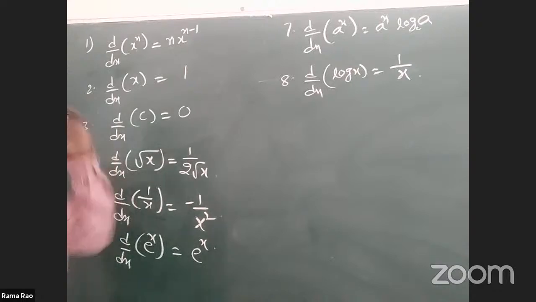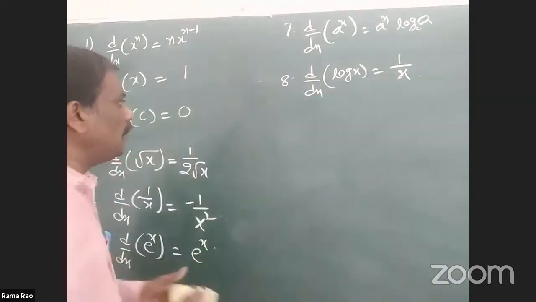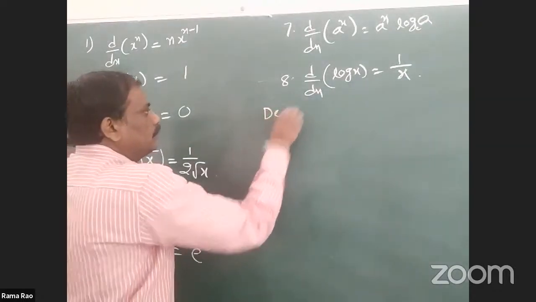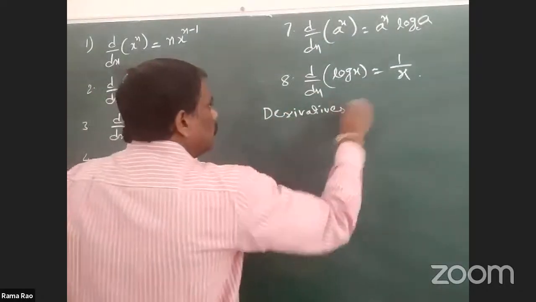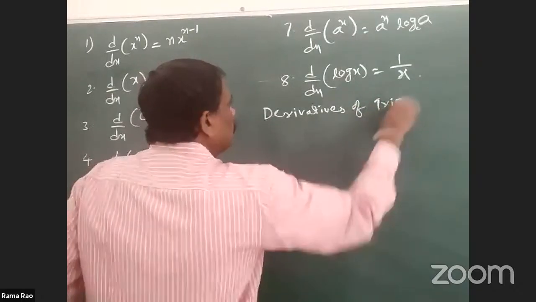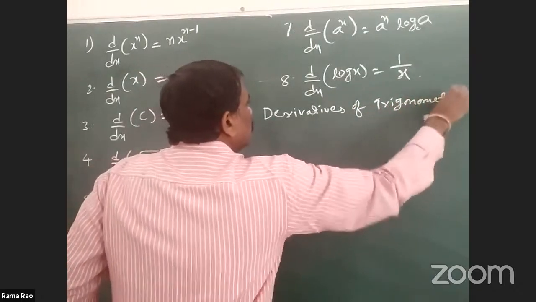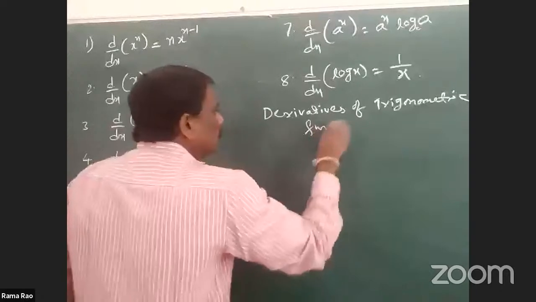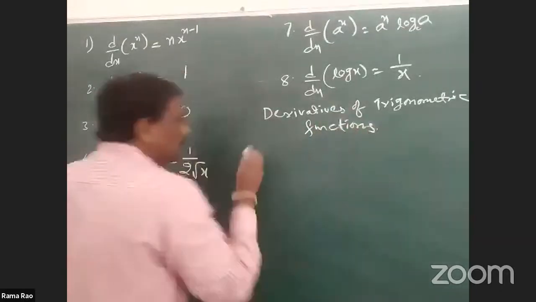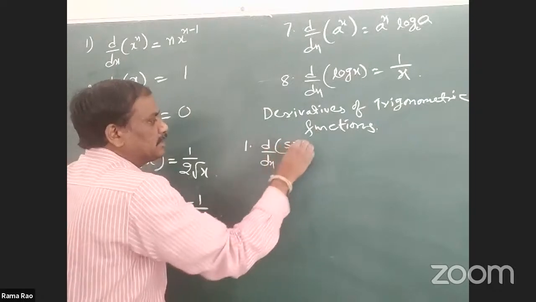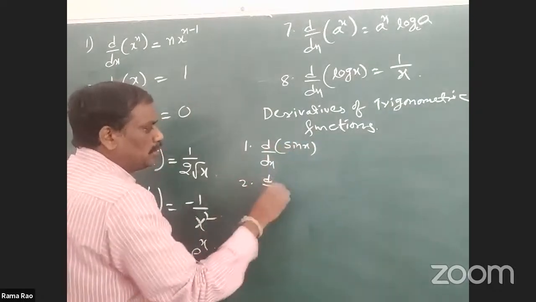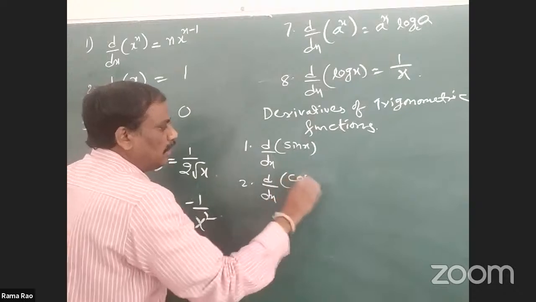Now, trigonometric functions. Derivatives of trigonometric functions. Number 1, d by dx of sin x. Number 2, d by dx of cos x.